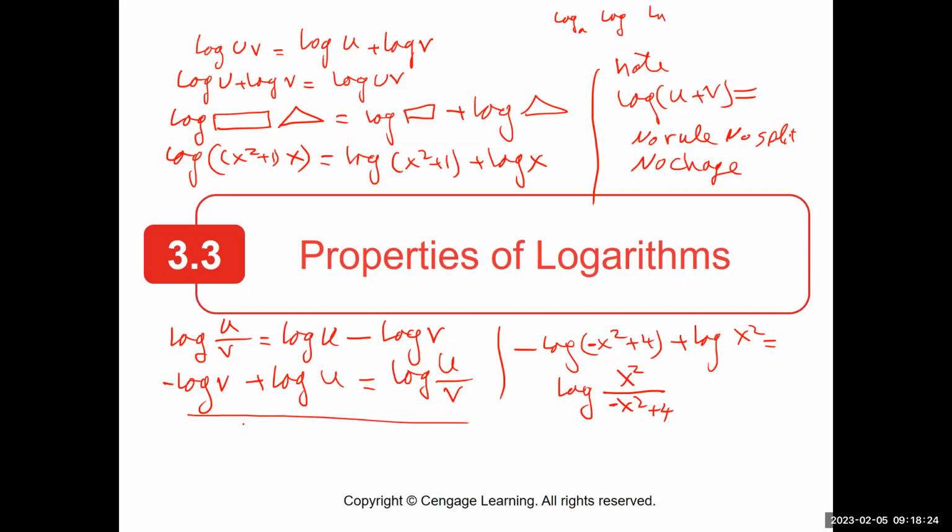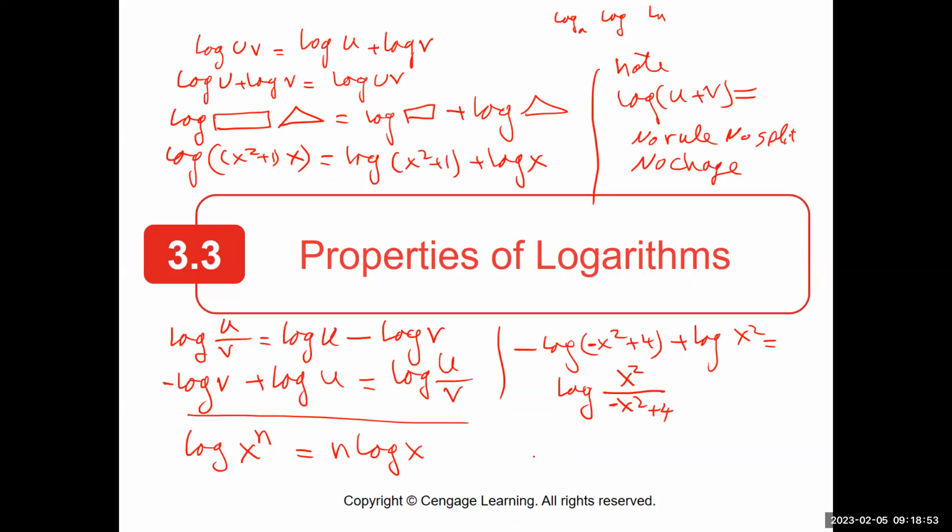The third rule, the rule of power. If I have log of x to the power n, this is equal to n times log of x. That's simple. You take the power from the top and move it to the front.